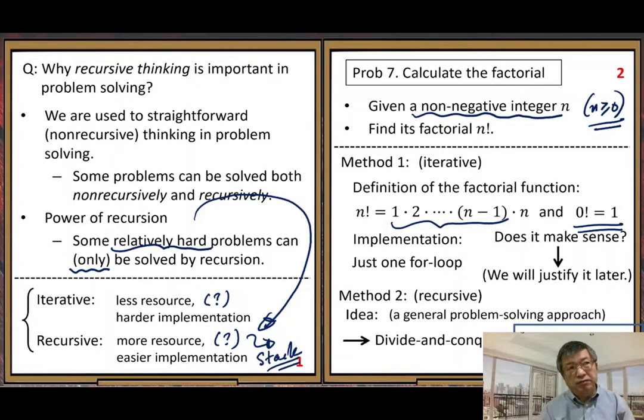Here we start using it in this module, but in module 4, we will completely use the module to discuss divide and conquer. So we need to spend much more time studying the divide and conquer approach.